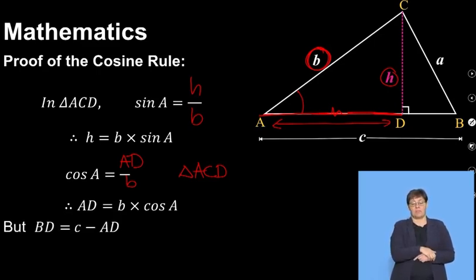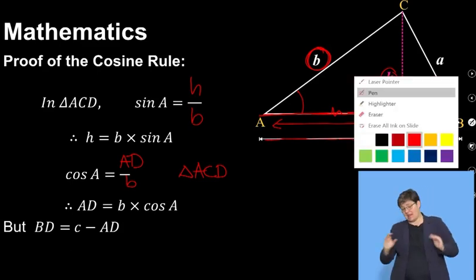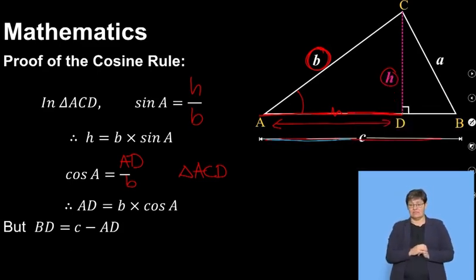Okay, but we have to realize something. If I need to find an expression for BD, because this whole piece here is c, let me just grab another color. Because this whole piece here is c, if I wanted to write BD in terms of c, this little piece from here to here will basically be c minus AD.